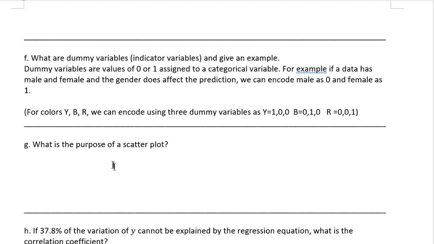Okay, so what is the purpose of a scatter plot? Well, when you have a scatter plot, sometimes it gives you a positive relation or a negative relation, or it's just scattered everywhere and there's no correlation. And if you see some kind of a correlation, then you can talk about regression lines. If there isn't any, then you don't use anything, right?